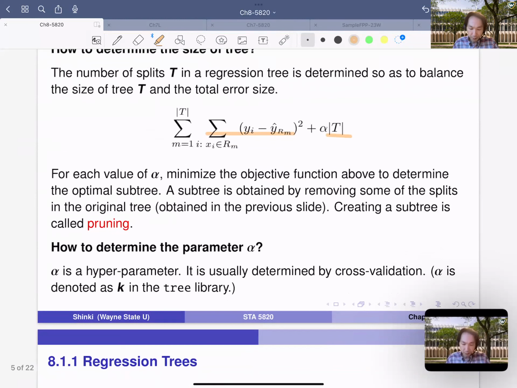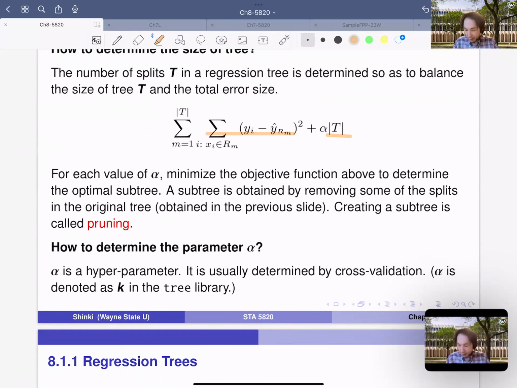To be exact, for each value of alpha, where alpha is a positive number, we minimize the objective function above to determine the optimal subtree. A subtree is obtained by removing some of the splits in the original tree. So at first we make a large tree. If we have 100 observations, you can have a tree with 99 splits.